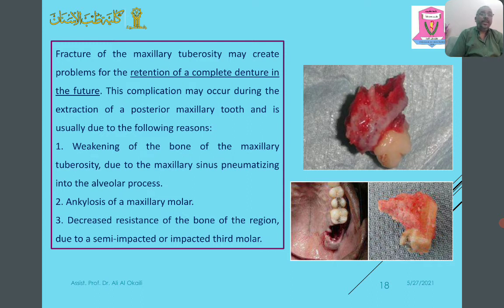Weakening of the bone of maxillary tuberosity due to maxillary sinus pneumatization into the alveolar process, ankylosis of maxillary molars, decreased resistance of bone in this region due to semi-impacted or impacted third molar. عادة البون of maxillary tuberosity يعتبر trabecular bone, soft bone, لذلك it's liable to be يعني scratched off, يعني يتهشم بسرعة, مو مثل ال compact cortical bone.